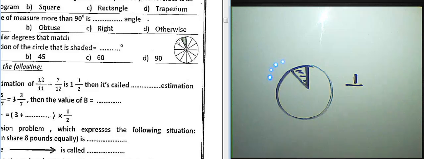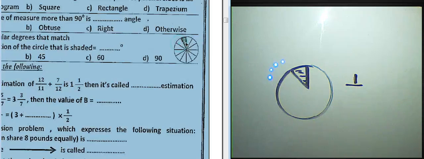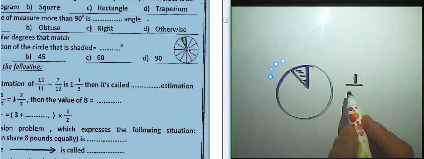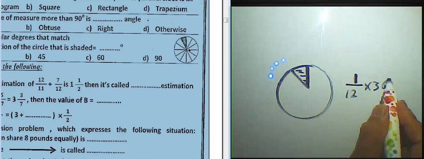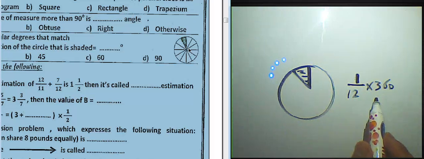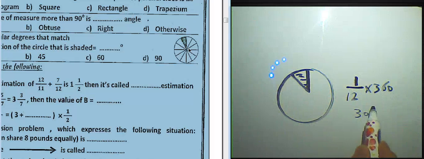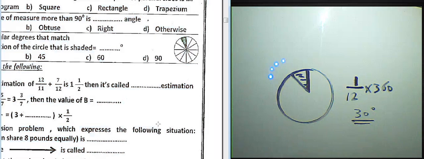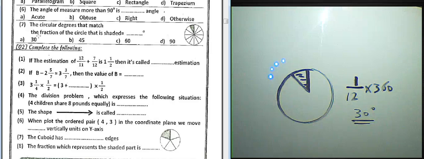Count with me: 1, 2, 3, 4, 5, 6, 7, 8, 9, 10, 11, 12. 1 over 12 multiplied by 360. 360 divided by 12 equals 30. So the result will be 30 degrees. Choose letter A.